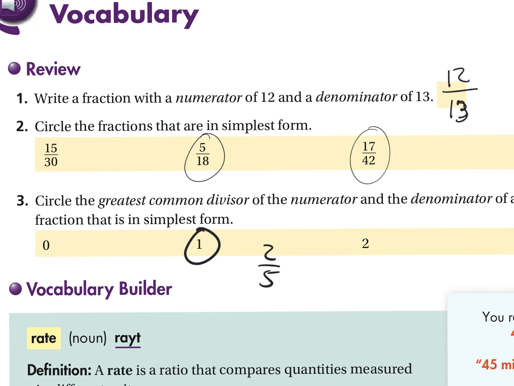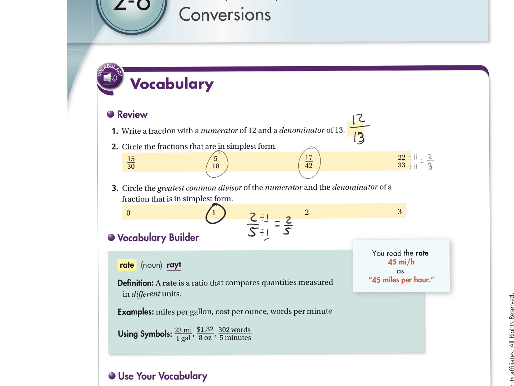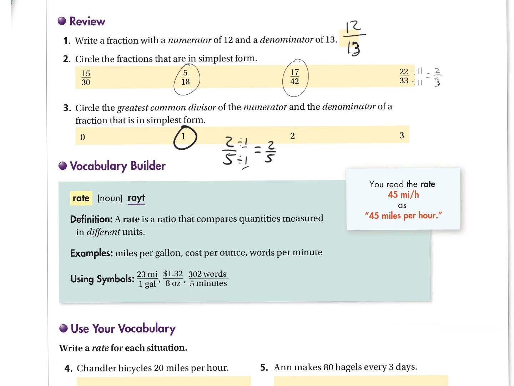The only factor that they share is 1. Essentially we can divide both of these by 1, but that's not going to change anything. So we still get 2 over 5. So this is a fraction in simplest form. They only share a factor of 1. That's just some review on fractions.